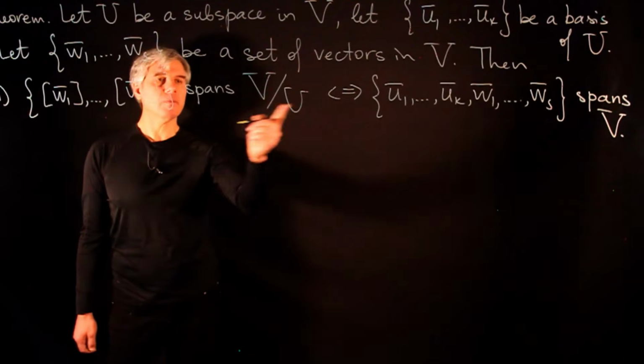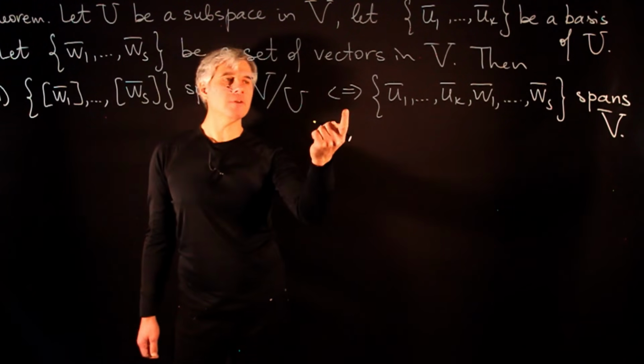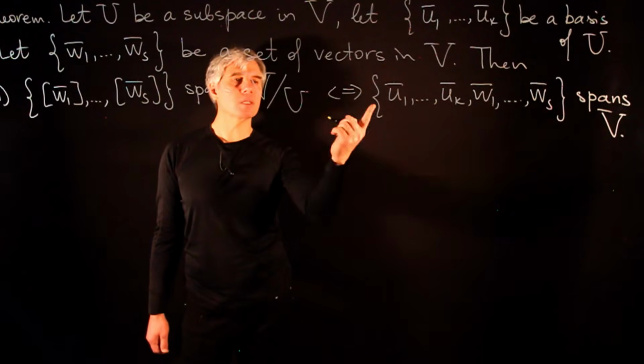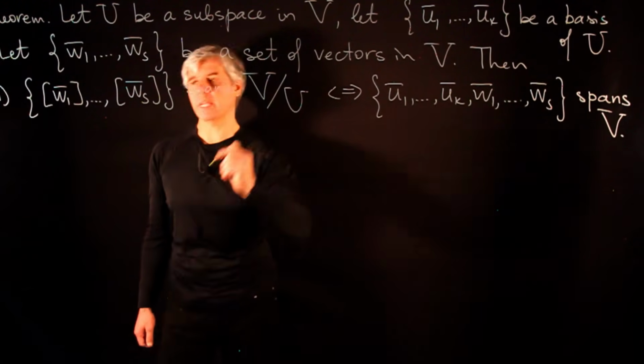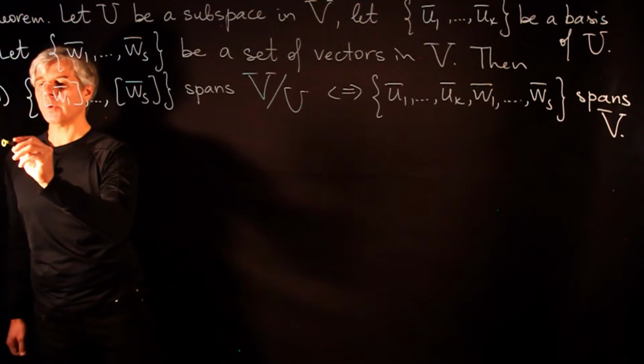We begin with our first claim, and this is an if and only if statement, so this means that we need to prove two implications, going from left to right and from right to left. So we'll start with 1a.